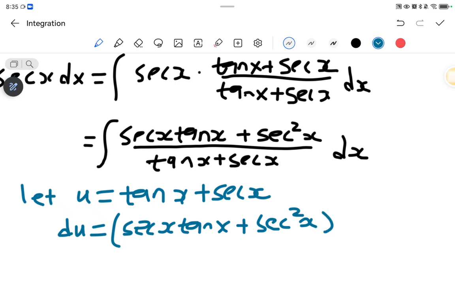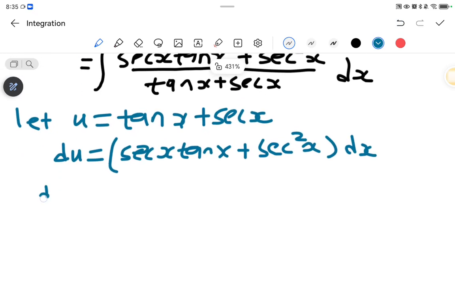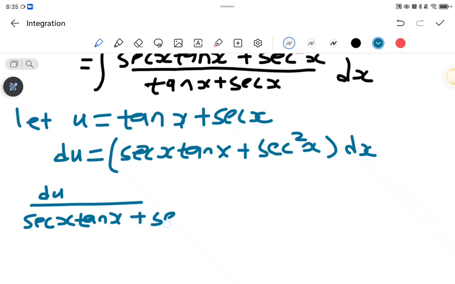I write dx here, then I make dx the subject: du all over sec x tan x plus sec squared x is equal to dx.